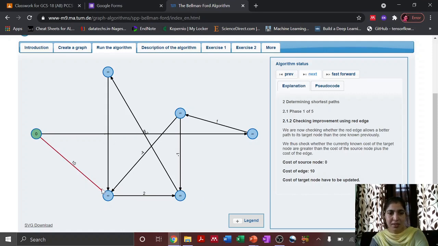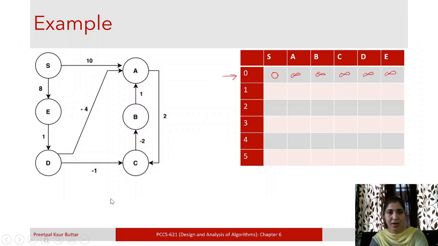This is picking the S node, which is connected by weight 10 to another node. So 0 plus 10, the new distance is 10, which is better than infinity, so we will update this distance. This is from S to A, right? So this will become 10.